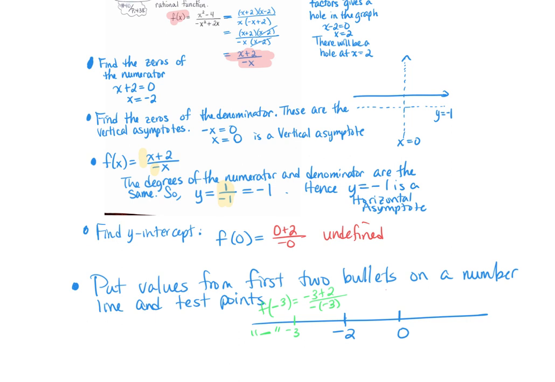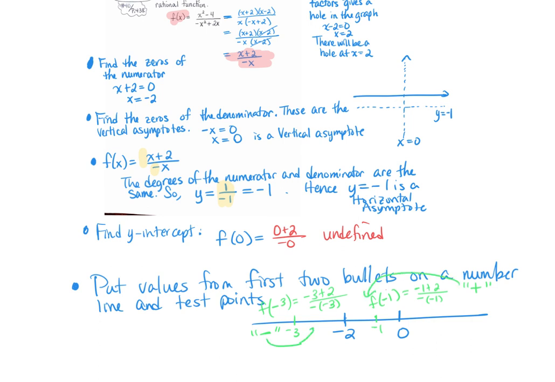A number between -2 and 0, -1. F of -1, if you put in -1, you're going to get -1 plus 2 over negative times -1. Is that going to be a positive or negative? I heard positive. It's a positive, right? Good. So this part is positive.